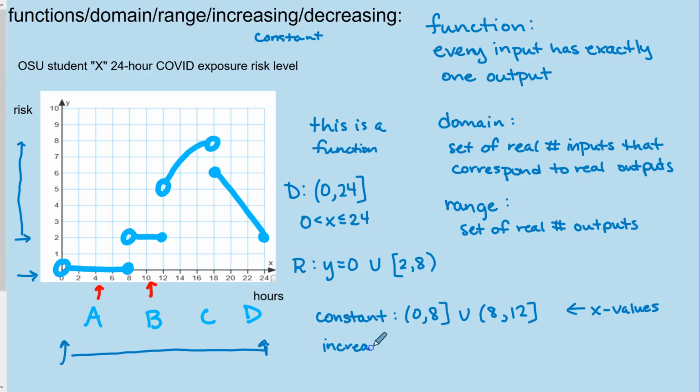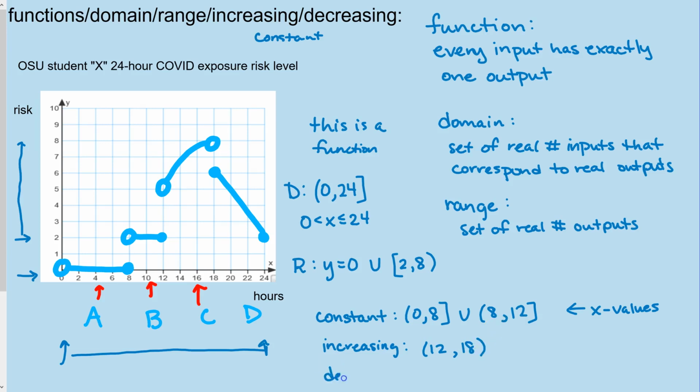Now let's go with increasing. So you're looking for where your graph is going up as you move from left to right. So that would be part C. The graph is going up as you move from left to right. So the x values for that, starting at 12, but not including 12, and going to 18, but not including 18. So we have that open interval.